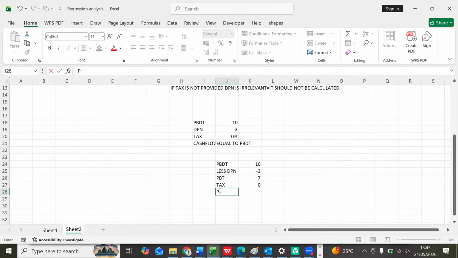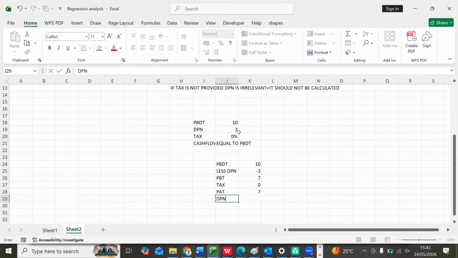So we have here the PAT, profit after taxation, which will bear witness with me that this will basically be 7, because I'm taking PBT minus tax of 0. Then once I've gotten this, how do I change PAT to cash flow? I will be able to come here and add back depreciation.